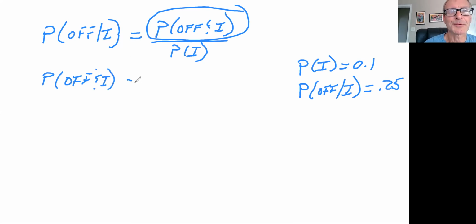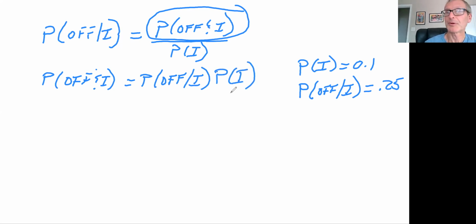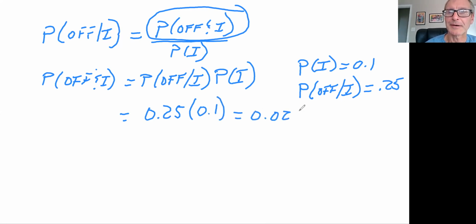And we did this a little bit of algebra before, so it looks like this, times the probability of being interviewed. So when you plug those in, you get 0.25 times 0.1. And so that would be 0.025, which is 2.5%, which is quite small, but there was only a 10% chance of you getting an interview to begin with.